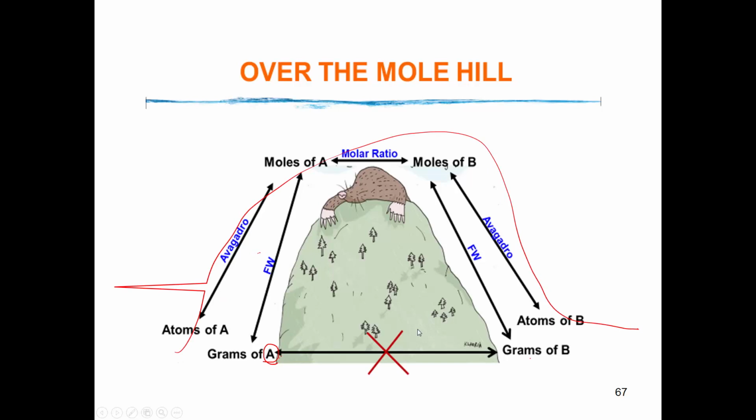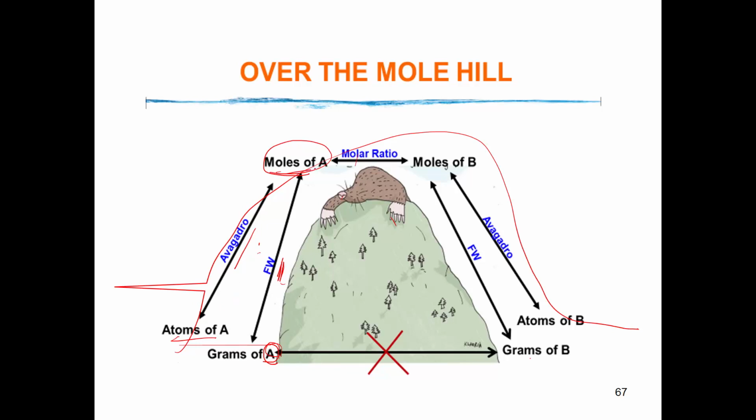So basically, if you have grams of A, and you want to get moles of A, then you're going to use the formula weight. If you want to go backwards, moles of A back to grams of A, you're going to use formula weight. If you have atoms of A to moles of A, you use Avogadro's number.